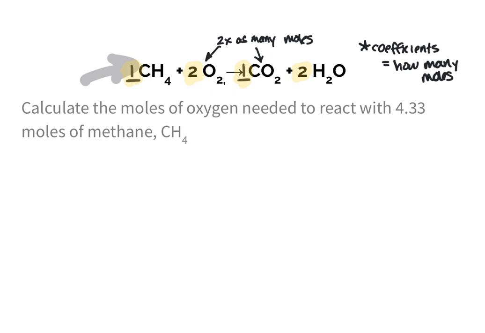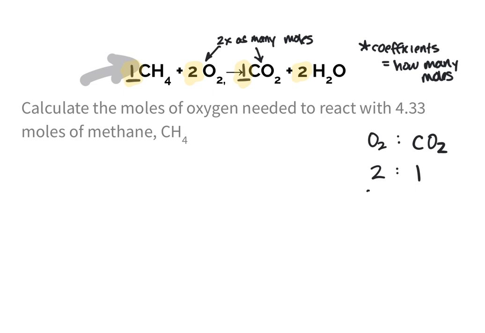I could write this in another way. For O2 to CO2, it's a 2-to-1 ratio. So for every 2 moles of oxygen I use up, why did I write this like this? For every 2 moles of oxygen I use up, I only make 1 mole of carbon dioxide.